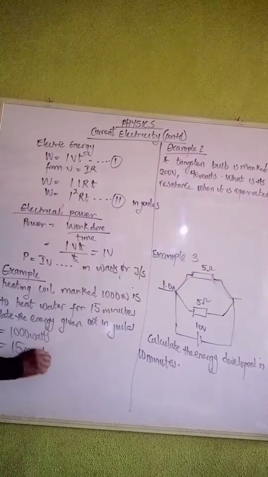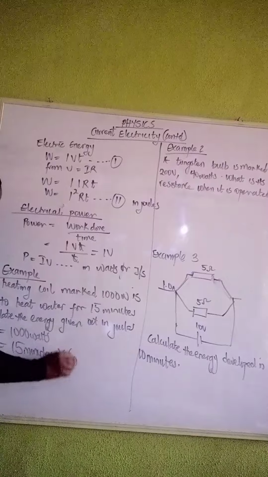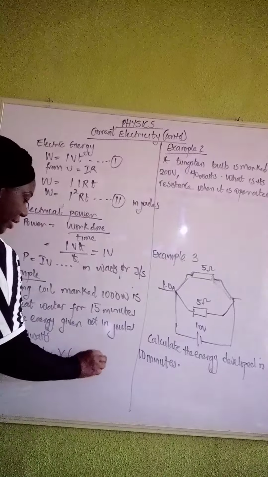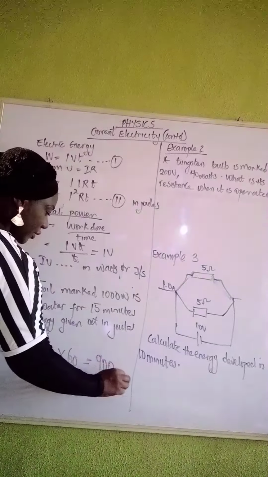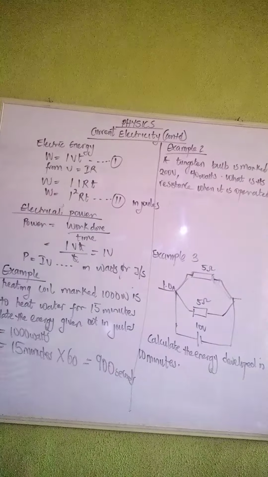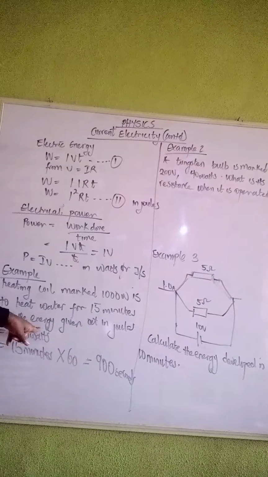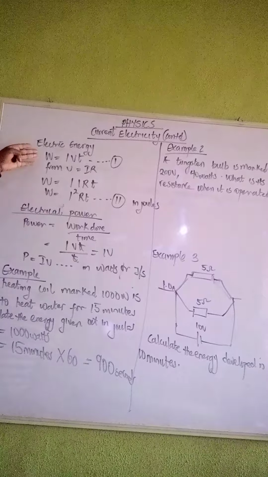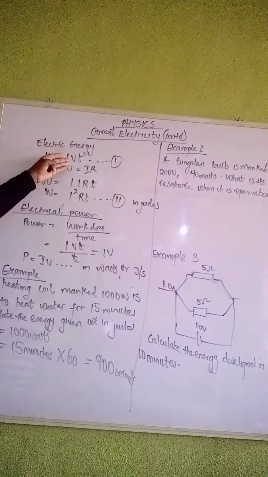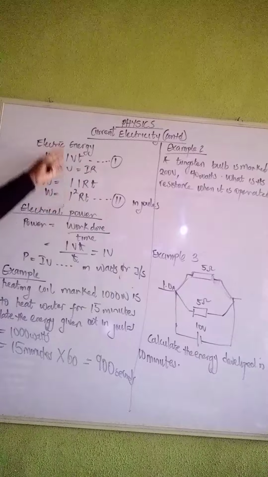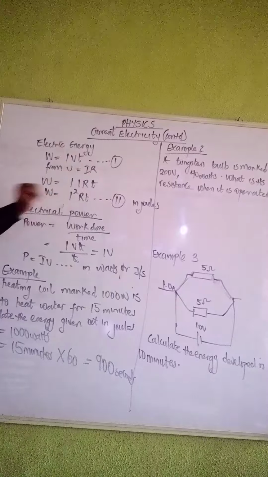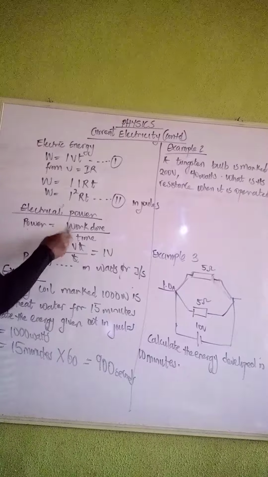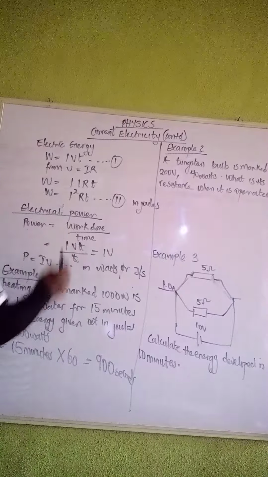You are going to convert your minutes to seconds by multiplying by 60. So we have 900 seconds. What were we told to look for? The energy, that is, the work. We're not given current or volts, we're only given power and time. If we are given power and time, we can easily cross multiply to get our work done.